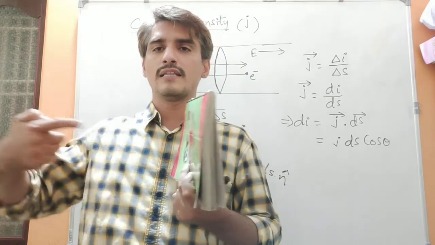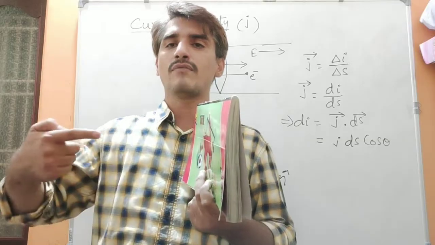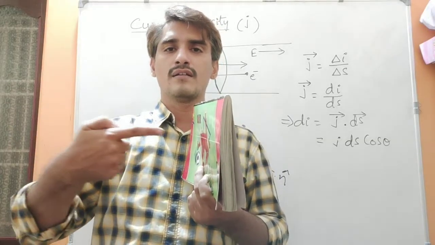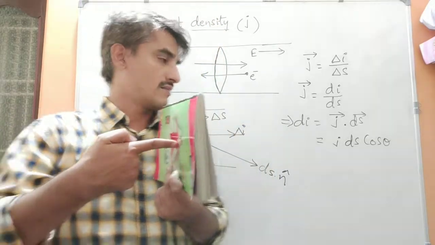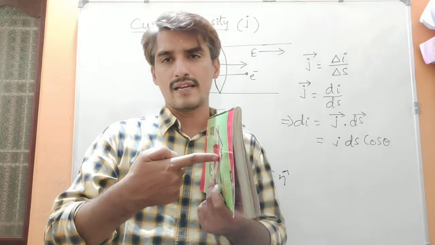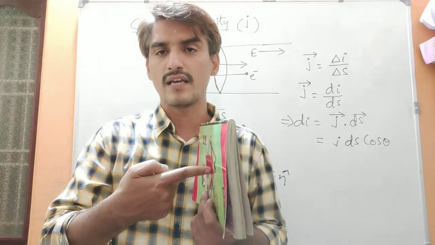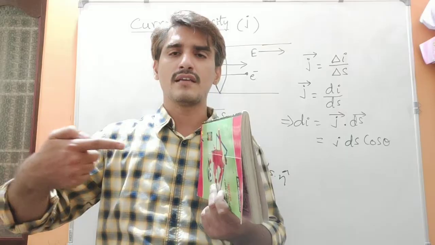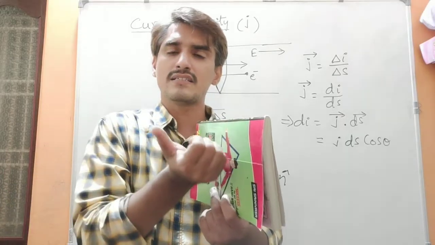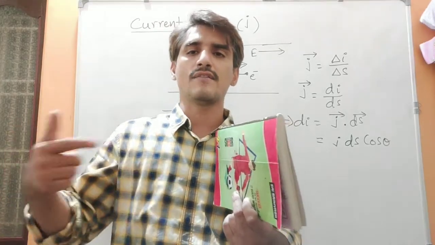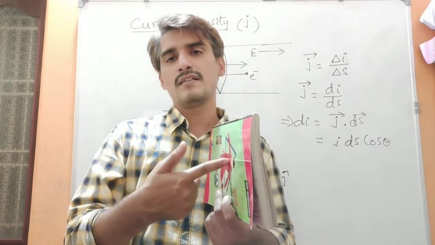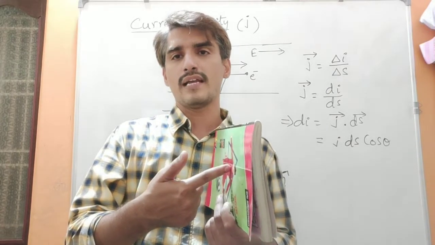What is the angle between current density and area? The direction of current density and of the area is the same, so it is either 0 or 180 degrees.